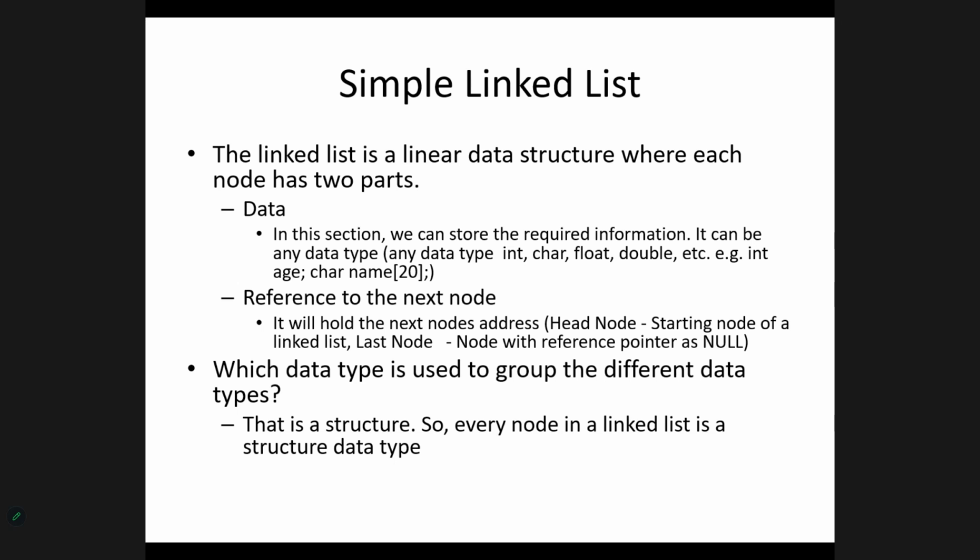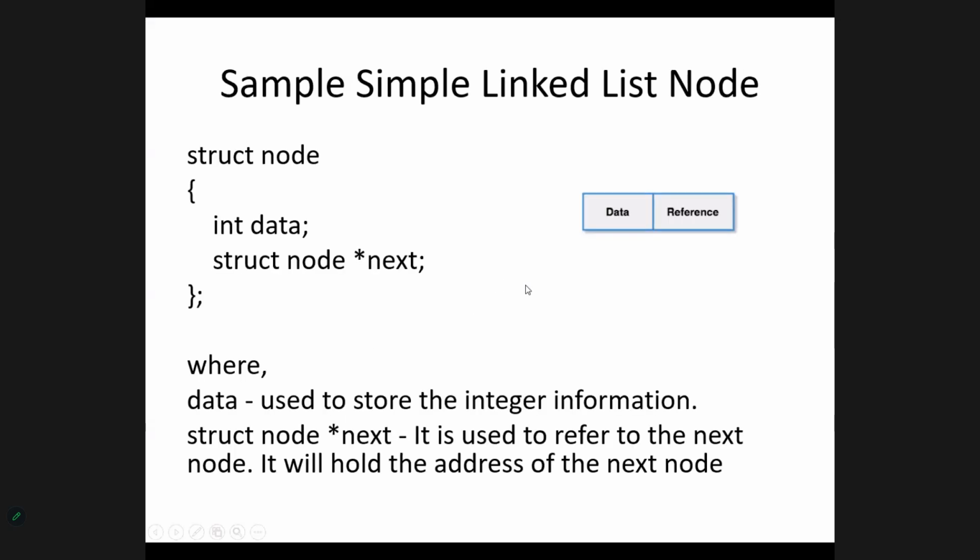So in the next slide you can see how we will implement it. So here is a sample simple linked list node, right? On the right-hand side you can see a container with two compartments, one for the data and one for the reference. So this is the structure, right?